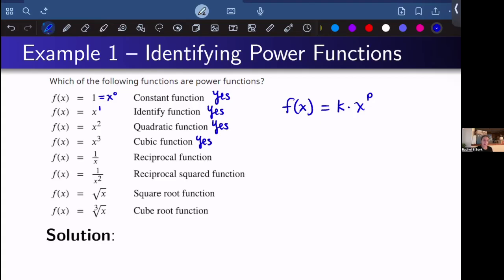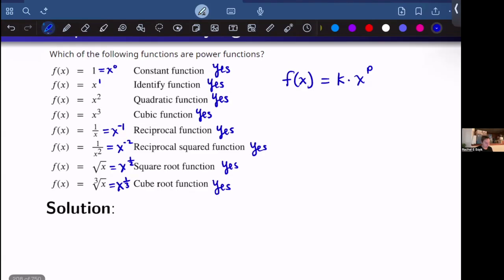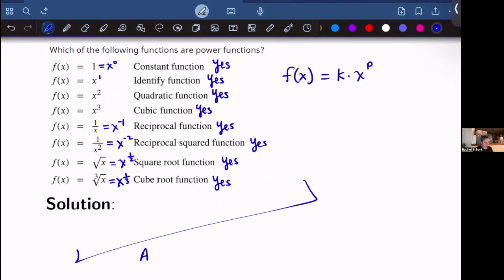These are both power functions. 1 over x is the same as x to the negative 1. That applies. We have a power function. 1 over x squared gives us x to the negative 2, also a power function. I think you guys are seeing a pattern. Square root of x is x to the 1/2, still a power function, and cube root of x is the same as x to the 1/3. So we get that all of these are power functions.